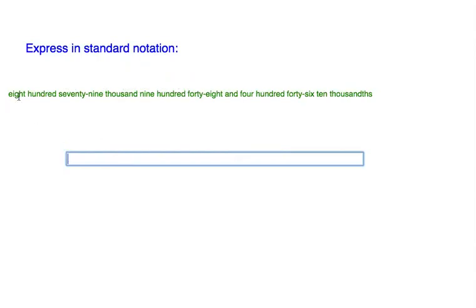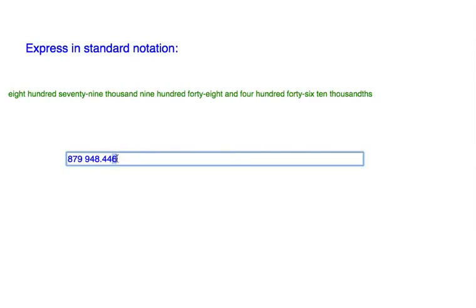All right, let's do another one. 879 thousandths, that's in the thousandths place, space, 948. And that's my decimal, 446. So 446 10,000ths. So here's the catch. The 6 is in the thousandths place.